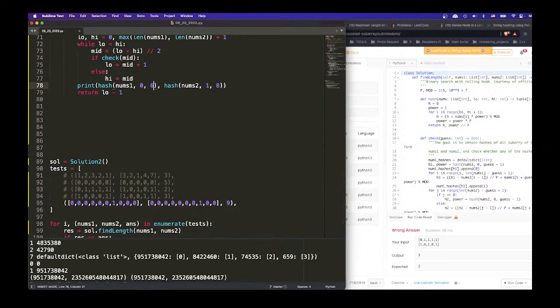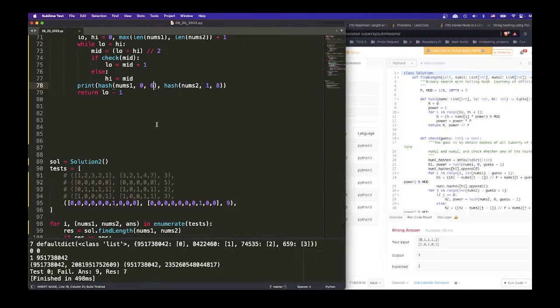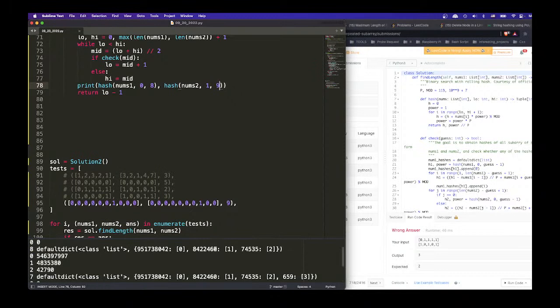If you do 6, yeah, it is. Because they are all 0, 2, 3, 4, 5, 6. Because it's a 0. So it is the same. And if we do this, they're also the same, right? So it's a 0.